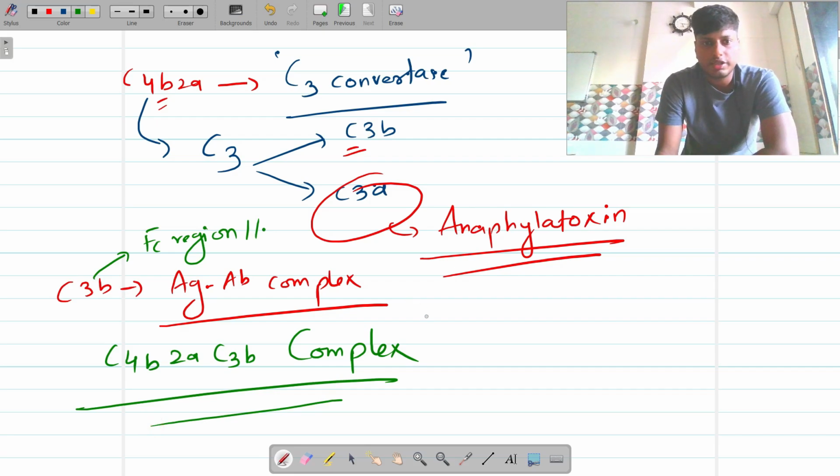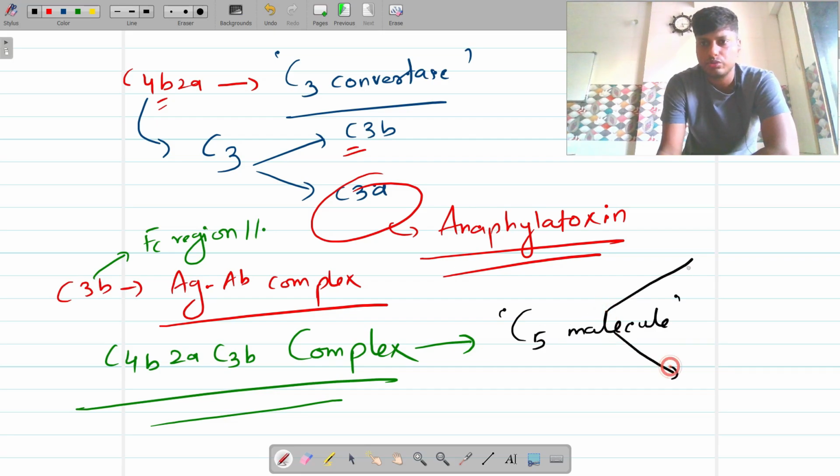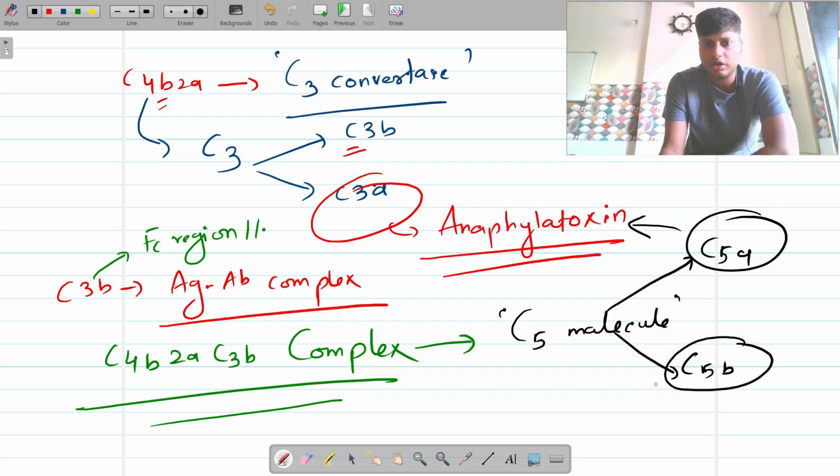Correct? Now this complex is capable of activating another molecule which is nothing but the C5 molecule, which will further break down C5 into C5a and C5b, out of which again C5a is going to act as an anaphylatoxin, whereas C5b will associate with this particular complex.